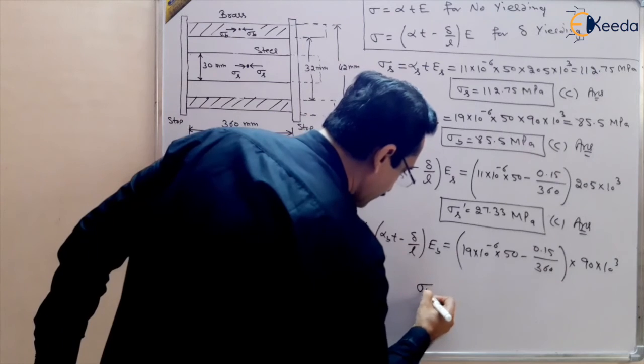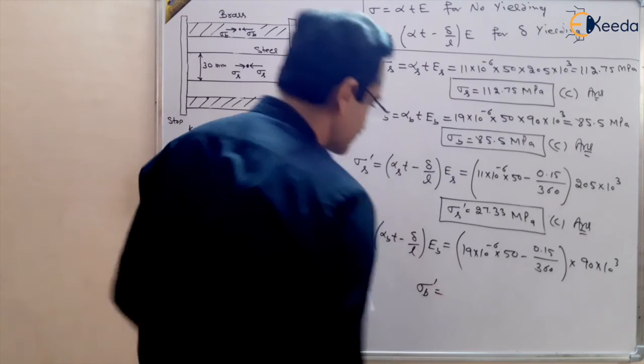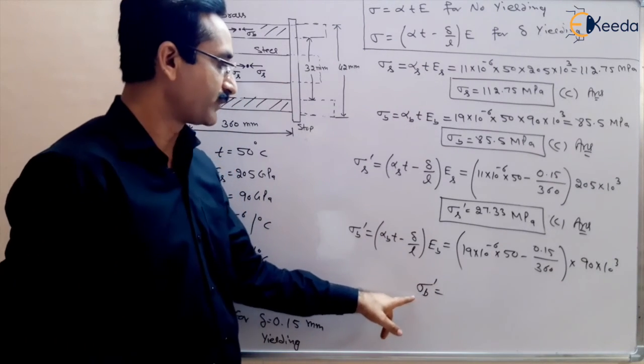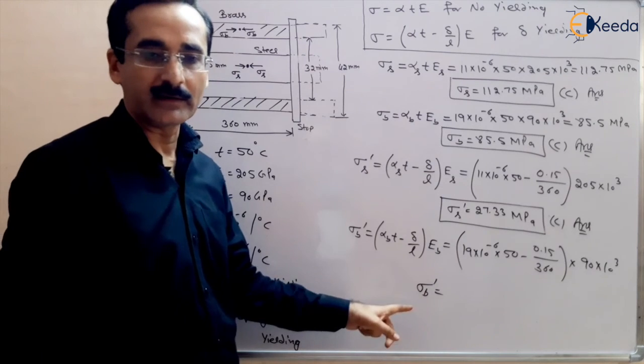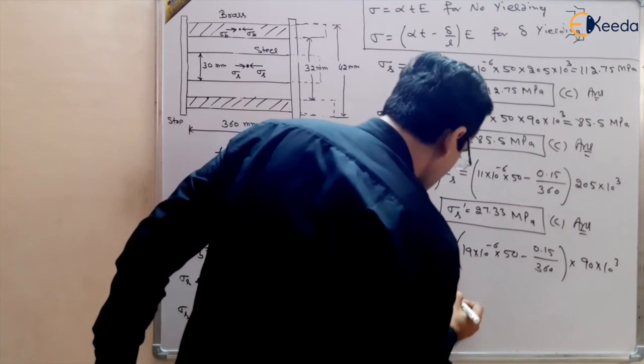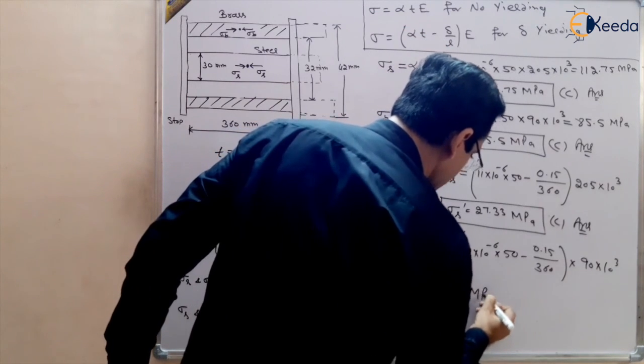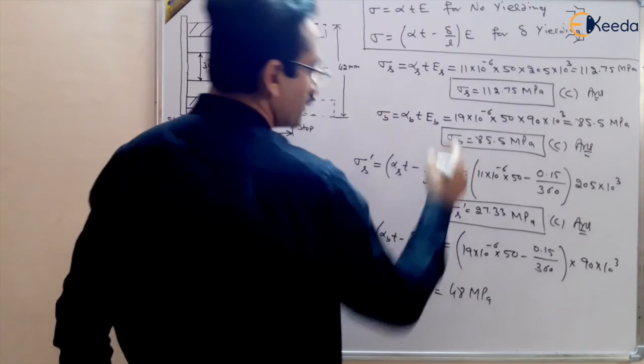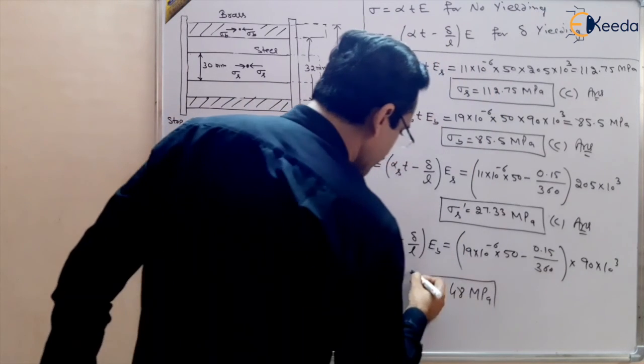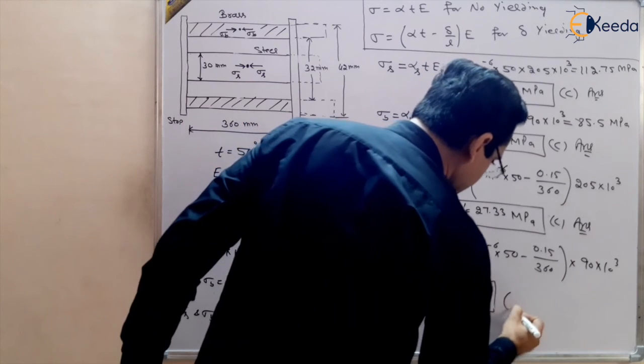You will get the stress developed in brass due to yielding as 48 megapascal, and it is reduced from the previous one when there was no yielding. So this is also compressive.